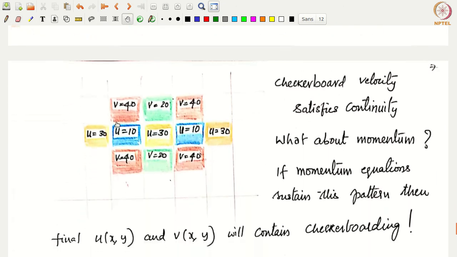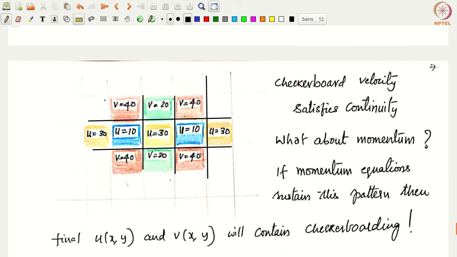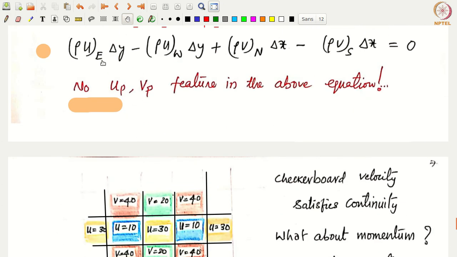So for example, if you see, these are different cells. Each of the colors here is a cell. So this is a particular cell, U equal to 30 is a cell. Yeah, this is the grid. I think the grid is quite light here, you cannot see. Okay, so let's say this is your P cell. The P cell has U equals 30. However, as you can see from this equation, only U east and UW matter.